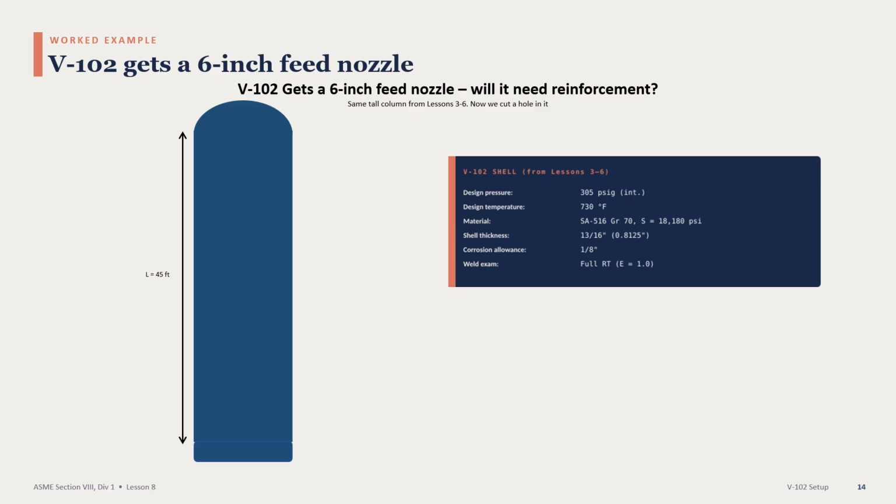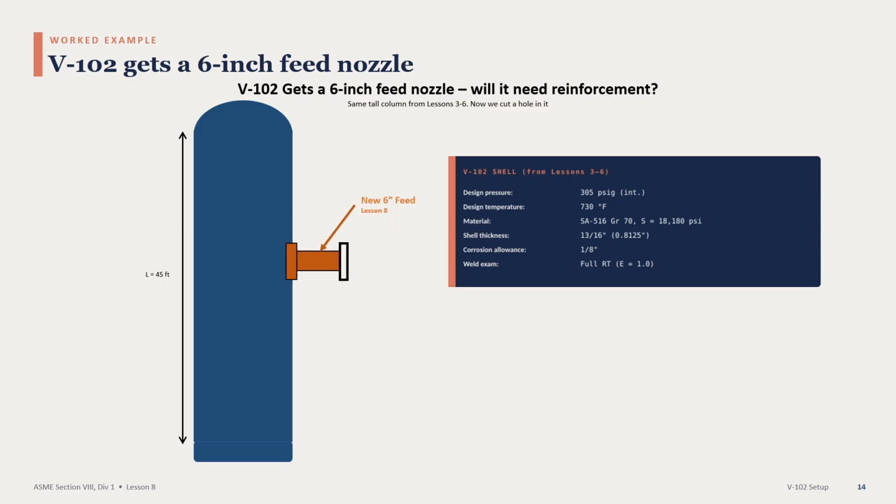Full radiography, weld joint efficiency of 1. Corrosion allowance 1/8 inch. Same vessel we designed the shell for back in lesson 3, sized the head for in lesson 5, and picked the weld inspection for in lesson 6.